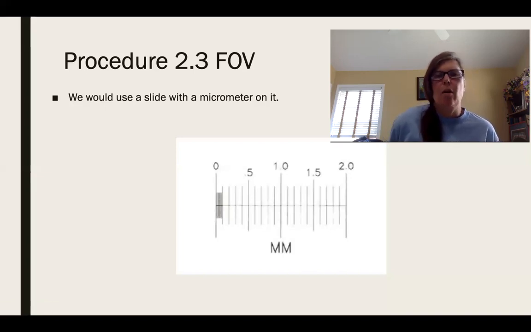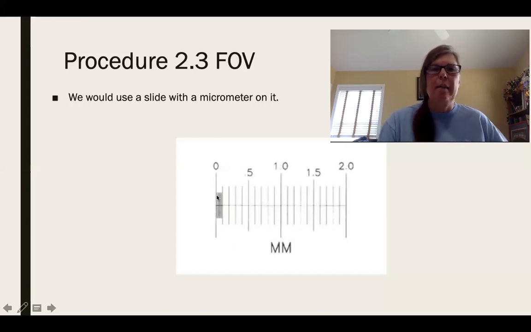So we could go ahead and count those by hundreds. So there you can see all the little lines in there. So there's our micrometer.